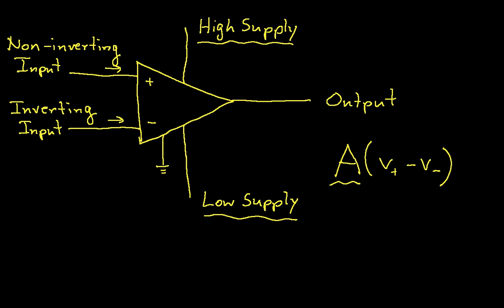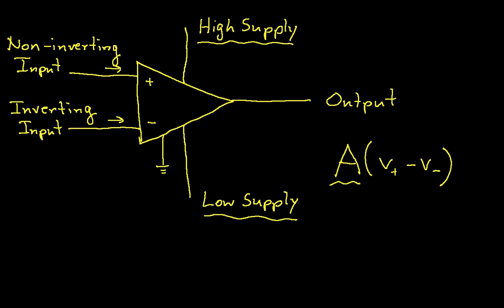The output has an internal resistance, which is typically very low. Because the gain typically is somewhat variable, two op-amps may have a gain A that differs by as much as a factor of 2 or even more. So you can't rely on the gain to be exactly what you want.